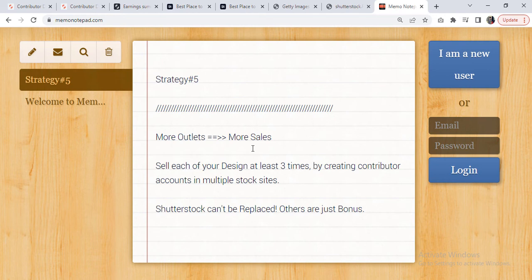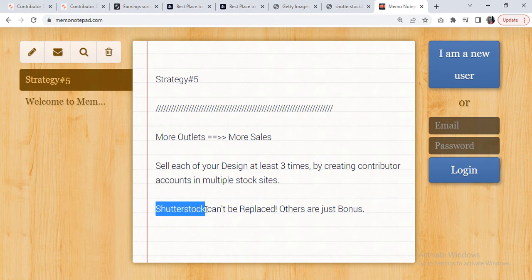Shutterstock has way more potential. So what's the point? The point is that we need to keep treating Shutterstock as the main thing regarding selling your designs, and we need to make strategies for Shutterstock.